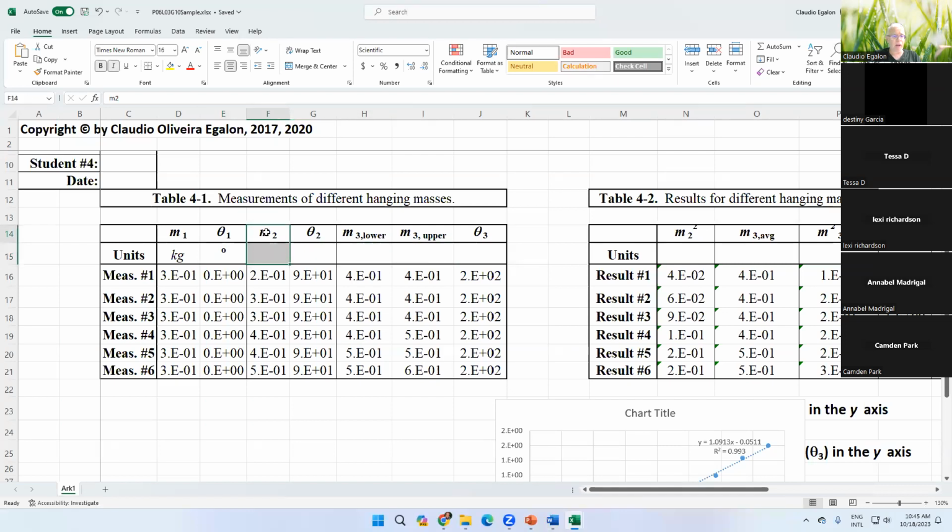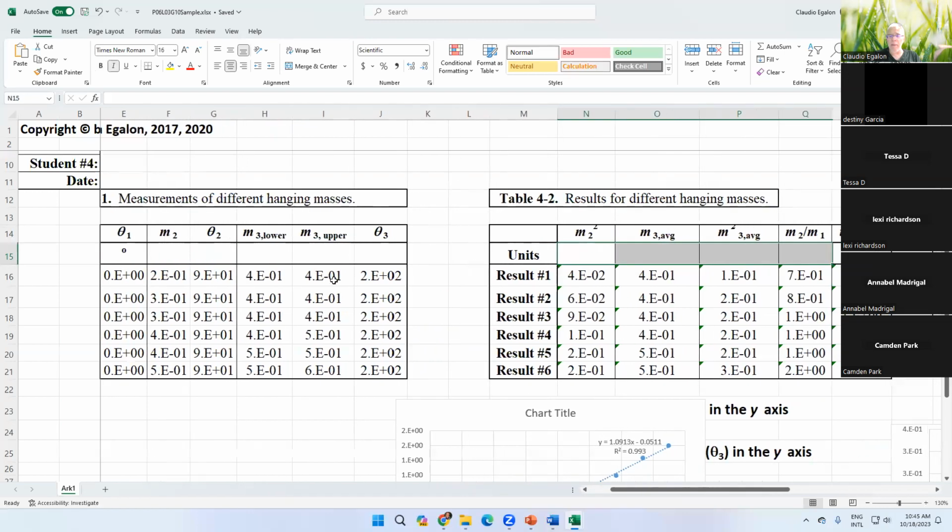So it's the same thing here, right? The units for the mass here is mass of 2, mass of 3, so it's going to be in kilograms as well. Degrees, degrees. And then from that, you can do the rest, right? The square of the mass, what's the unit for the square of the mass? The average of the mass, what's the unit for the average of the mass? The square of the average of the mass, and so on.